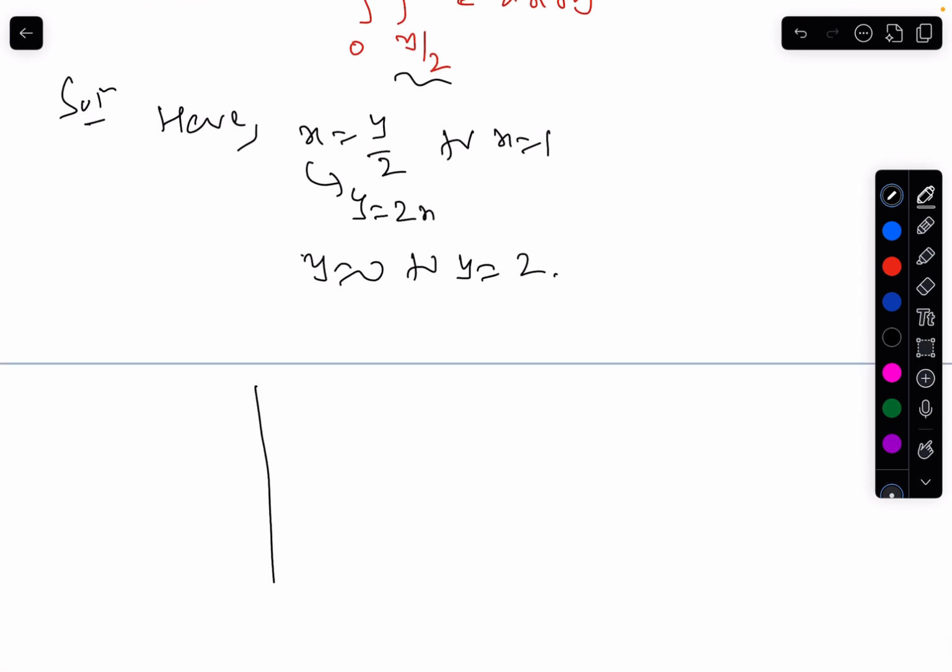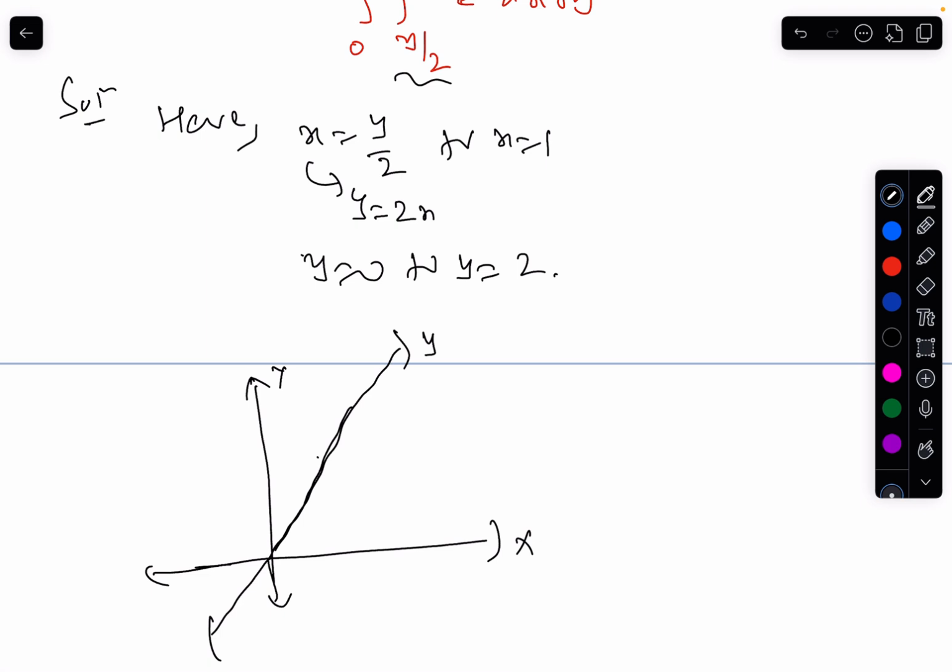Now, if we take the region of integration, so y equal to 2x line we need to draw. So this is y equal to 2x, x equal to 1 somewhere here. So x equal to 1, then this point x is 1 and y is 2.